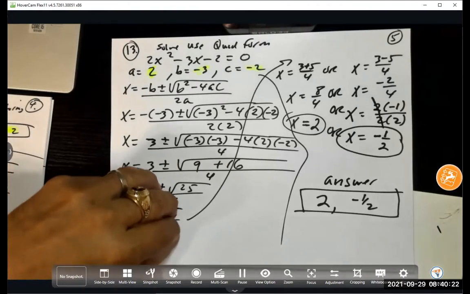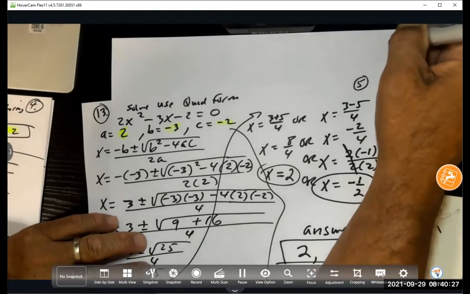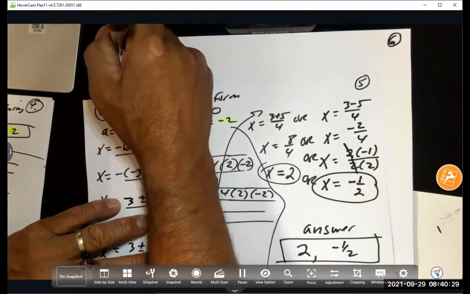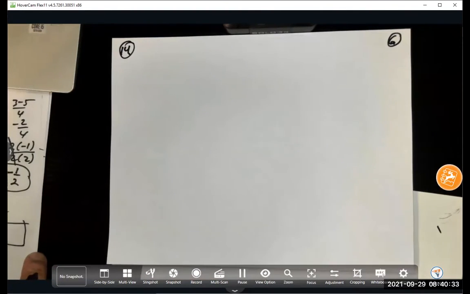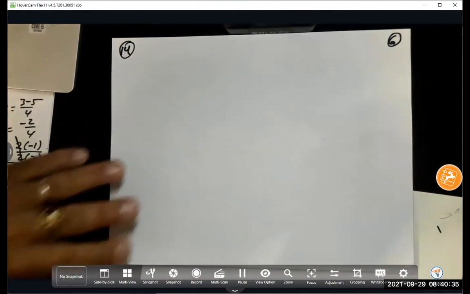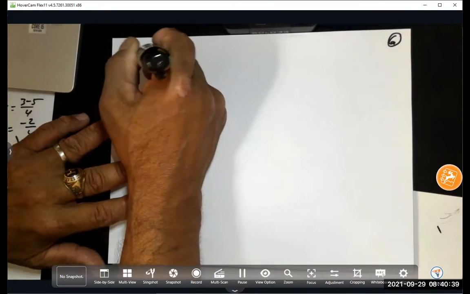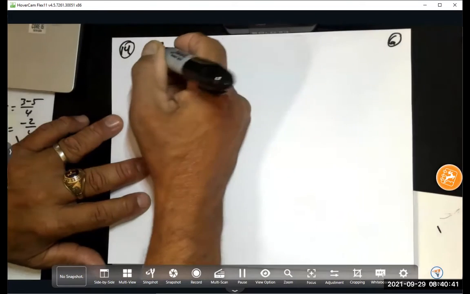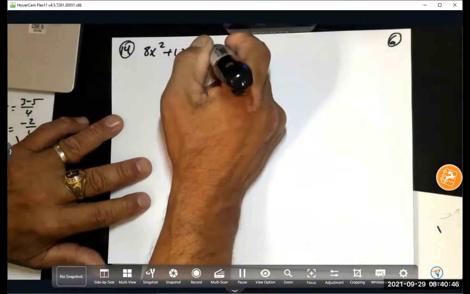It's going to look really close to this one. Let me write it up: 8x squared plus 12x plus 3 equals 0.